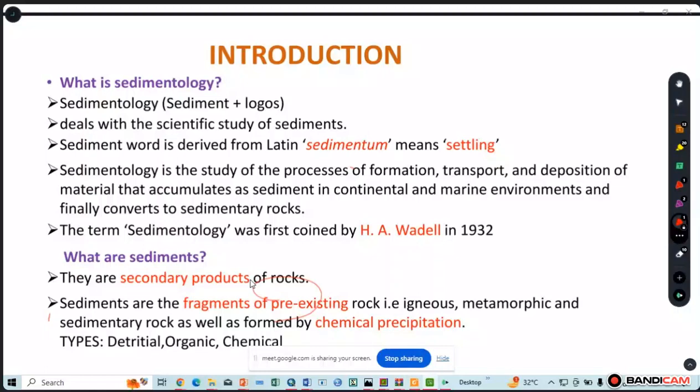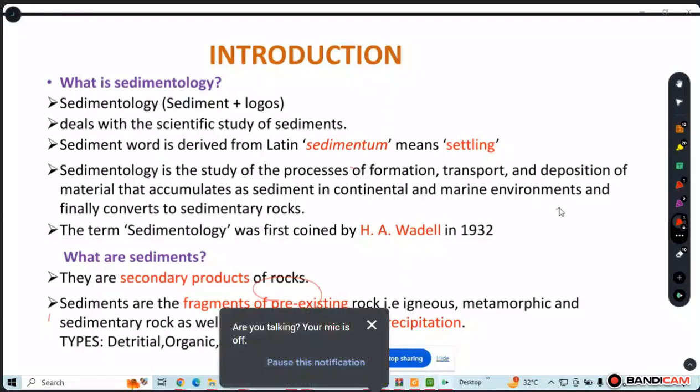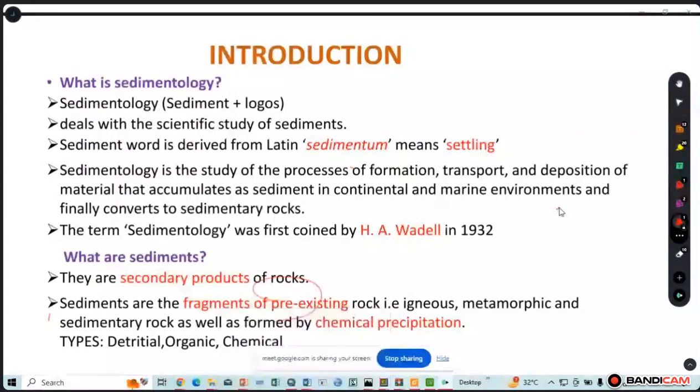Why are they called sediments? Actually, these are secondary products. Rocks are generally of two types, primary and secondary. In the primary rock, we find igneous, and the secondary is classified into two types: sedimentary and metamorphic. When igneous, sedimentary, or metamorphic rocks are fragmented by weathering and erosion, they break into small pieces.